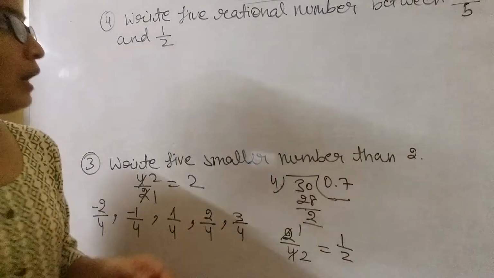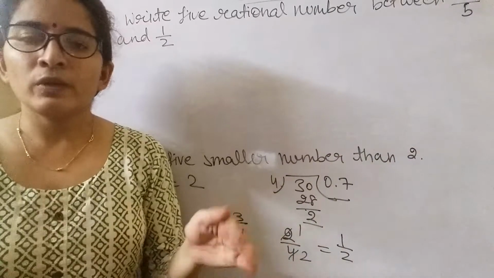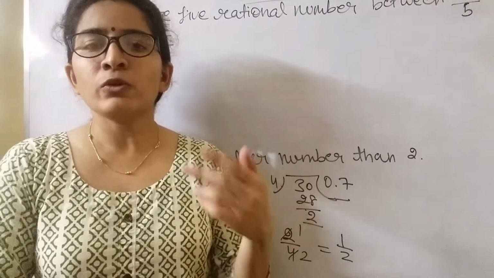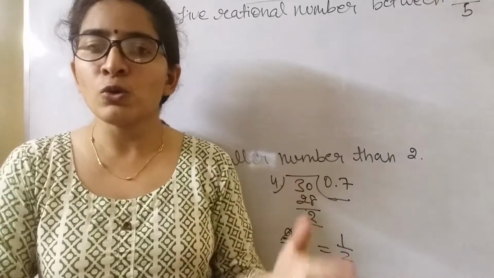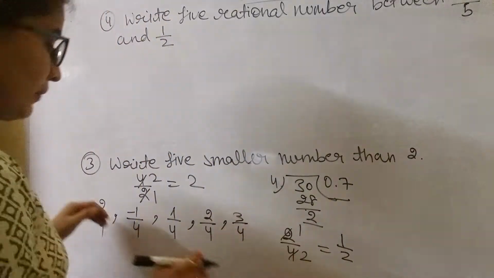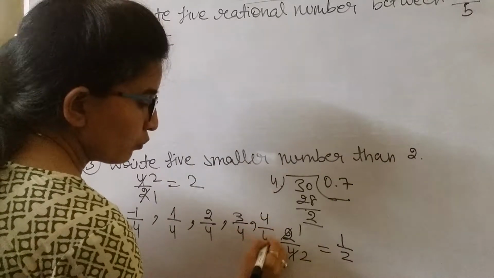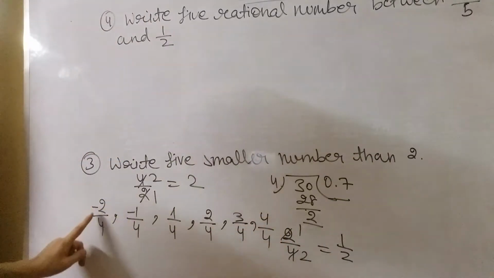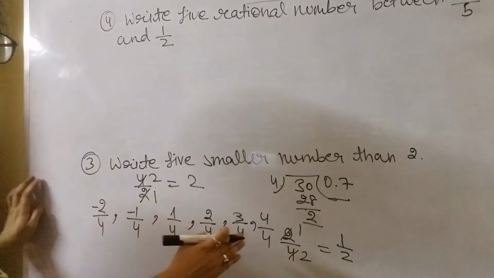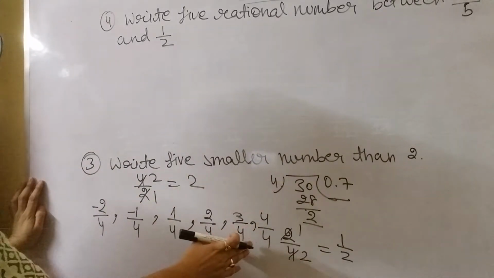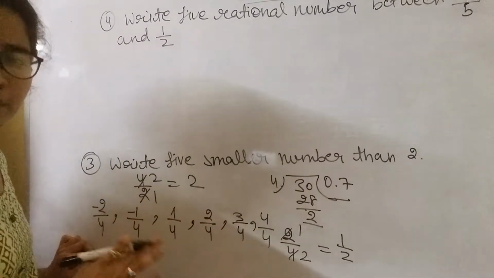Now, as we saw in the previous questions, to get the rationals between two numbers, the denominator should be the same for those two numbers. Like we had 4 upon 4 and -2 upon 4. So for the rational numbers between these numbers, the denominator should be the same for all the numbers.